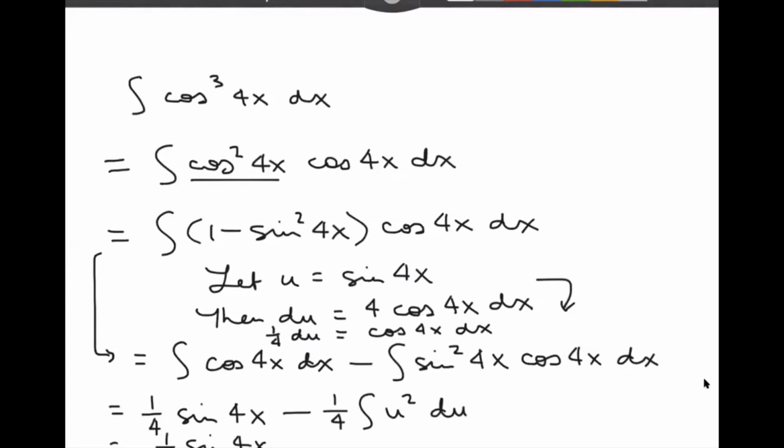And of course, the integral of u squared is u cubed over 3. So that's going to be u cubed over 12 plus c. But it's not about u, so I will write this final answer as 1/4 sine 4x minus 1/12 sine cubed 4x plus c.